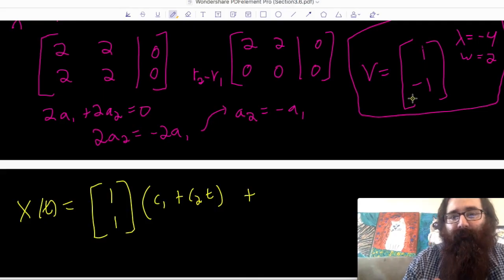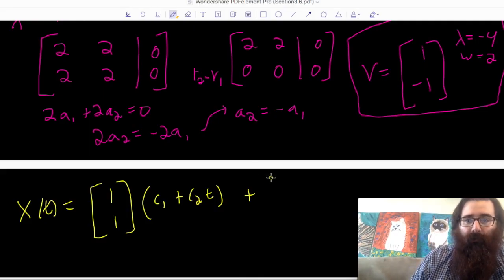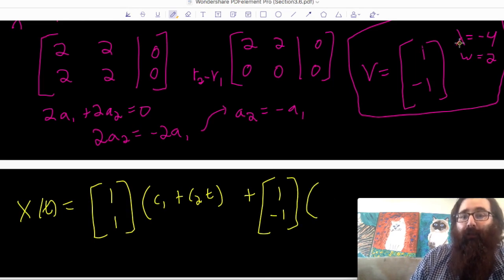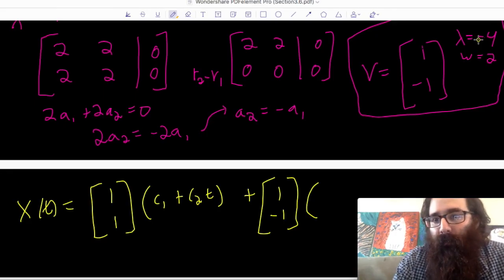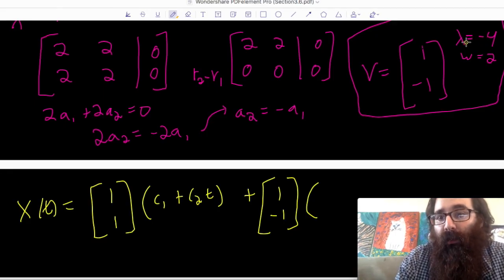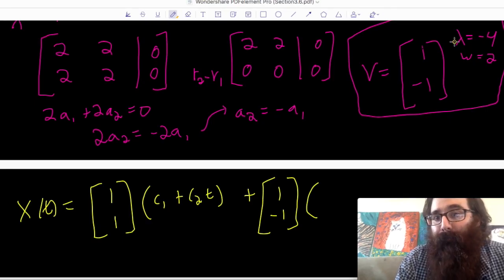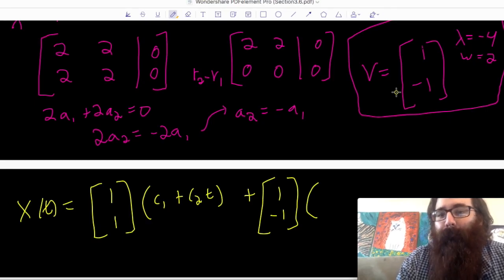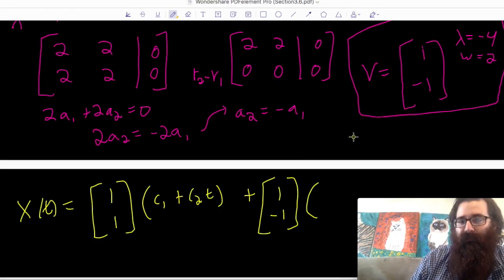The second eigenvector was 1, negative 1, times this other piece of the solution. Now be careful. Here we said lambda, our eigenvalue, is negative 4. That should be the square of what is in the exponent on base e. So if we think about building the function back, it should be e to the plus or minus square root of negative 4 times t.